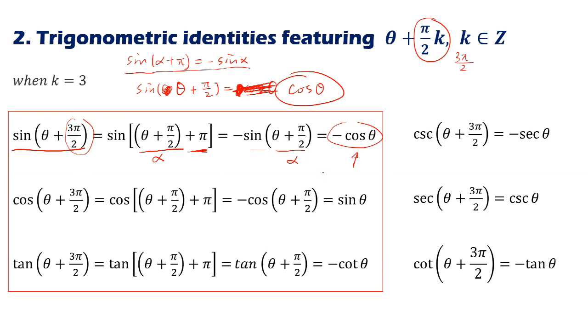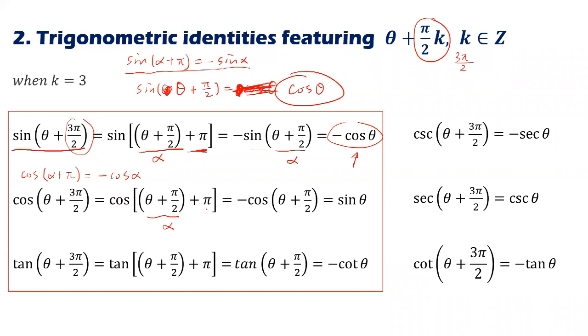So similarly, if you want to evaluate cosine of theta plus 3 pi over 2, note that we have proved that cosine of alpha plus pi equals minus cosine alpha, right? So cosine of theta plus 3 pi over 2 can be rewritten as cosine of theta plus half pi first, and then plus another pi. This is our alpha.